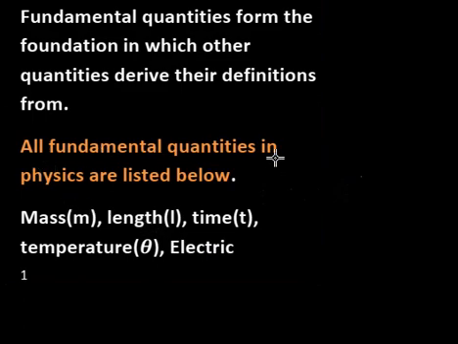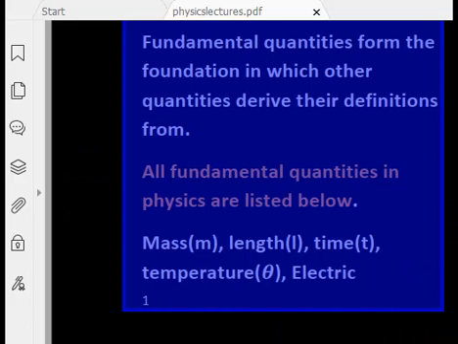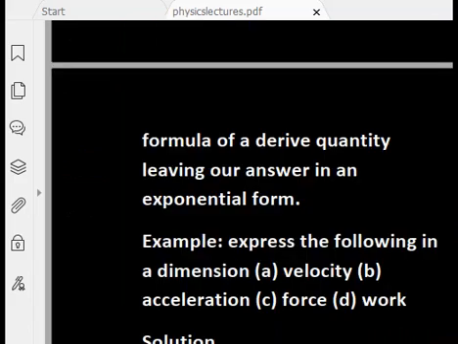So all fundamental quantities in physics are listed below. We have mass, length, time, temperature, electric current. There's still more, so let me bring them up.